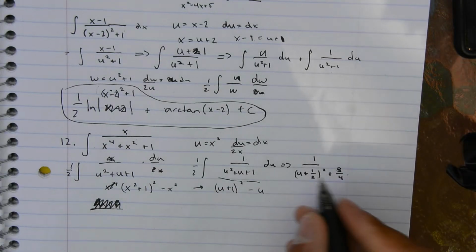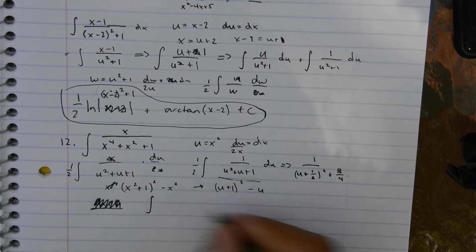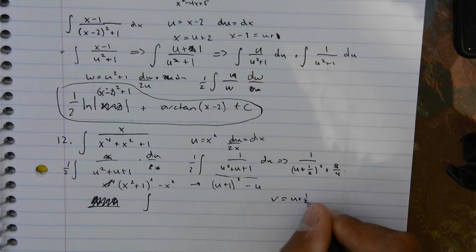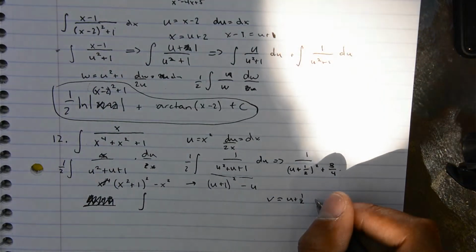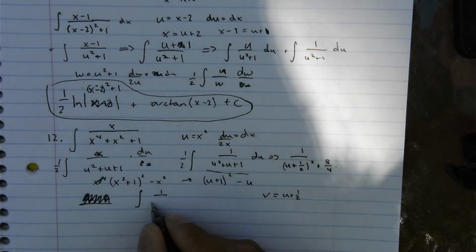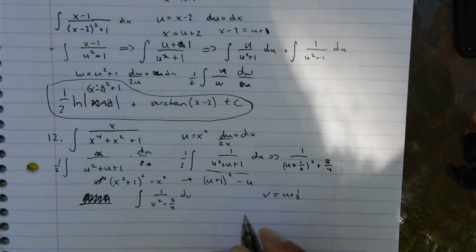Now, this is actually a good trick. So now that you have the integral of, you let v equal u plus 1 half. So then you get 1 over v squared plus 3/4 dv.